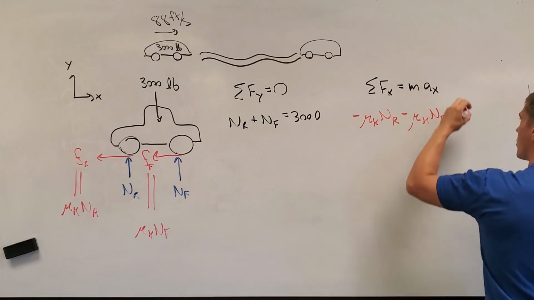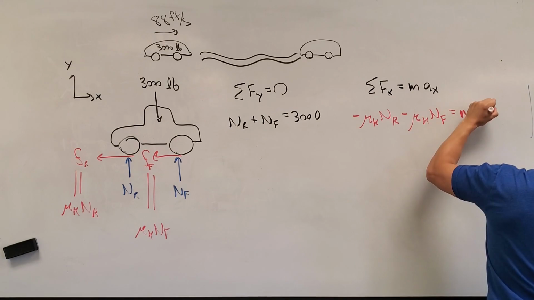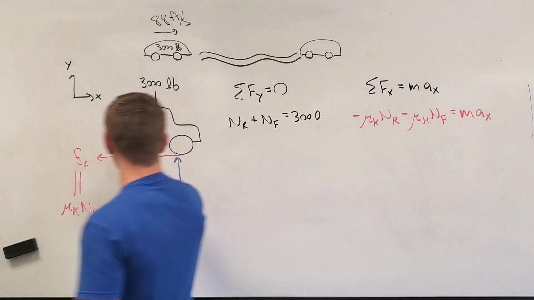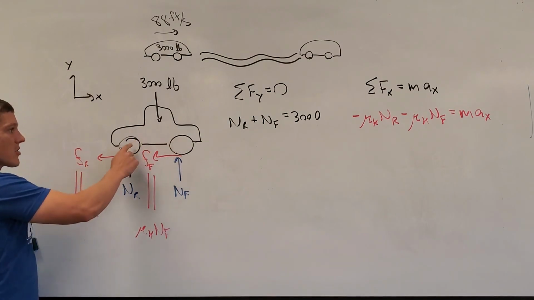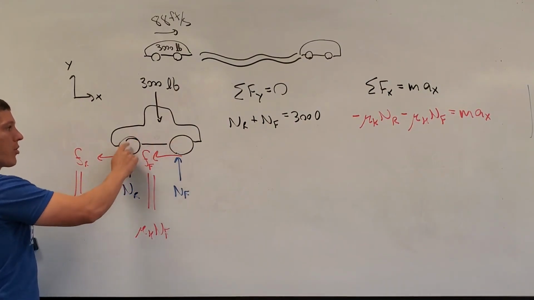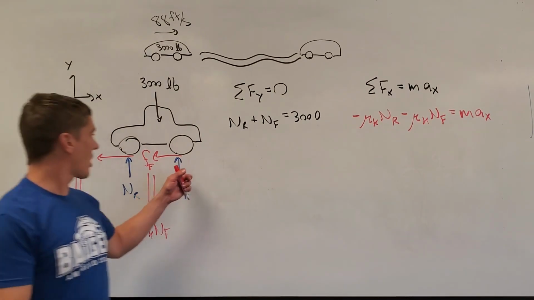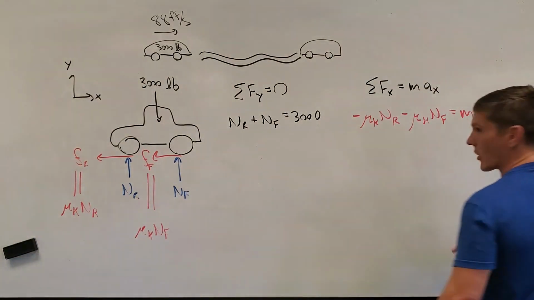It's going to be equal to our mass times our acceleration in the x direction. Both the rear and the front tires are made of rubber, and the ground is always going to be the concrete from the road, so the coefficient of kinetic friction is going to be the same.